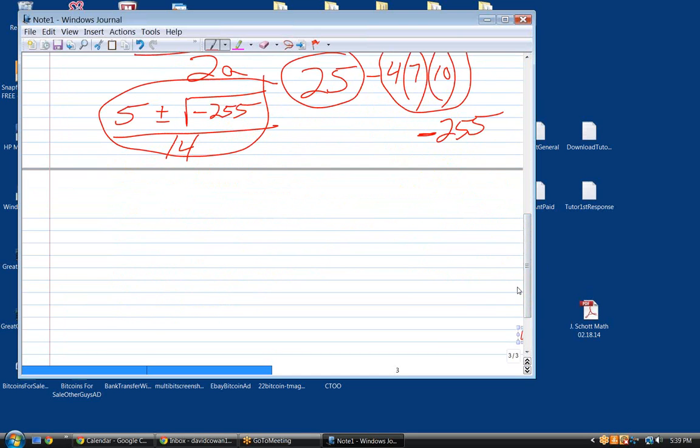So now, let's see, I just made these numbers up. 255. I don't know if that simplifies or not. Let's assume it does not. It's not divisible by 25. It's not divisible by 4 or 9.